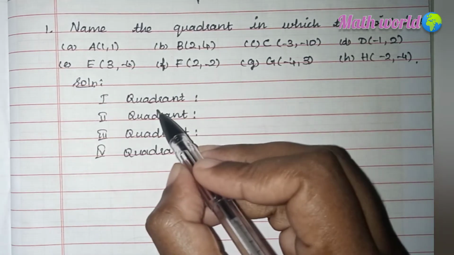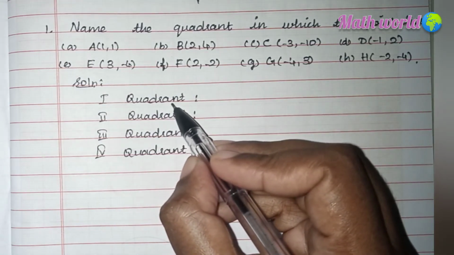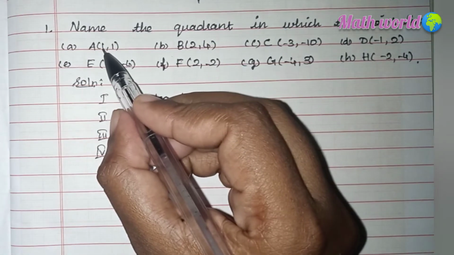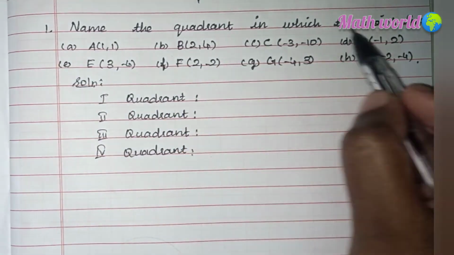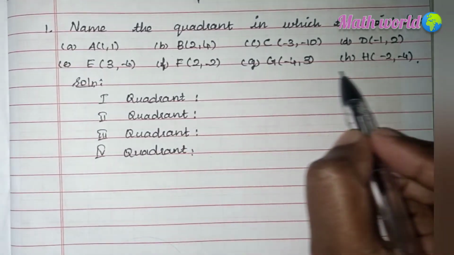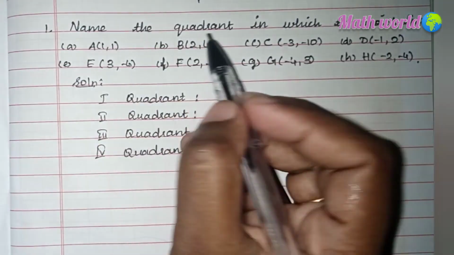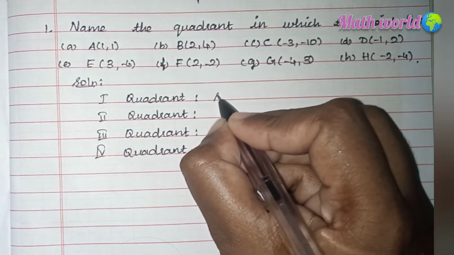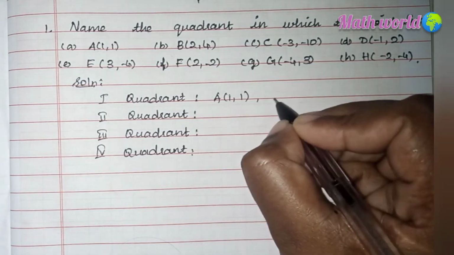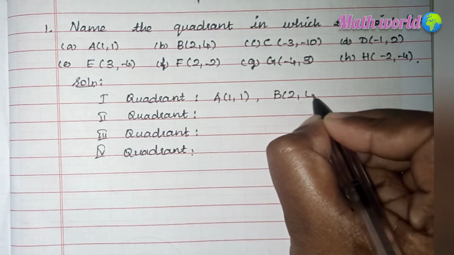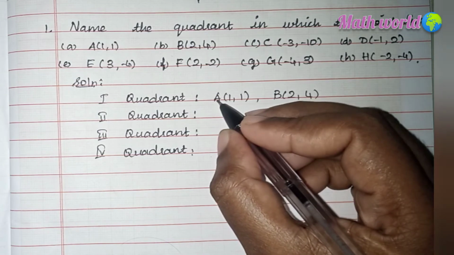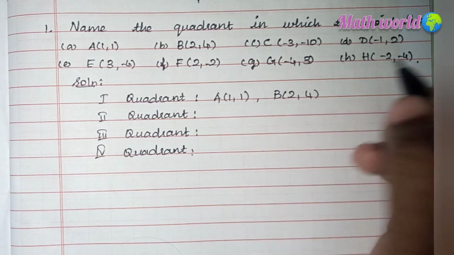First quadrant, we already know it is always positive, plus plus. You can see this is plus plus, this is plus plus. Any other value? No. So these 2 points are in the first quadrant: A of 1 comma 1 and B of 2 comma 4. A and B are the point names.